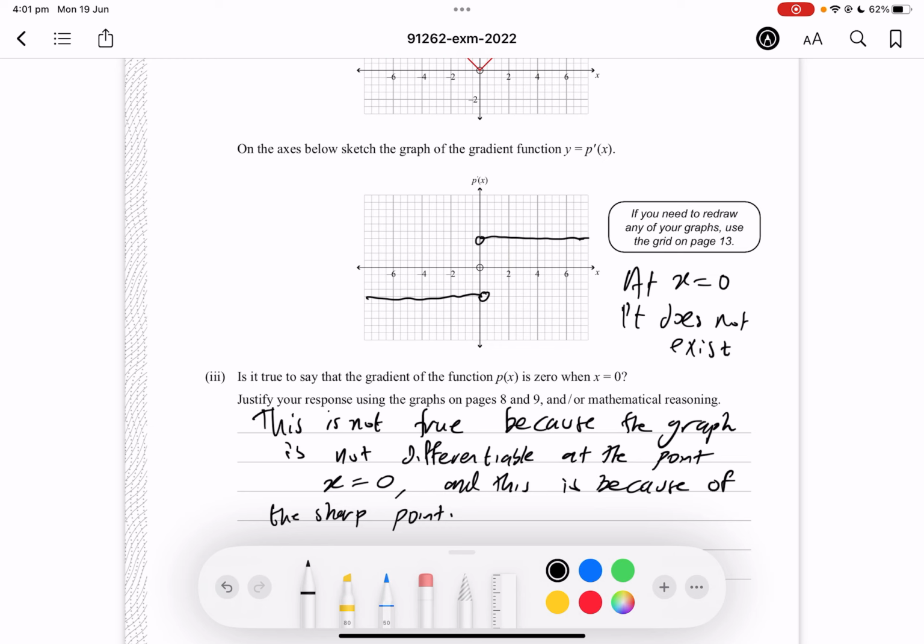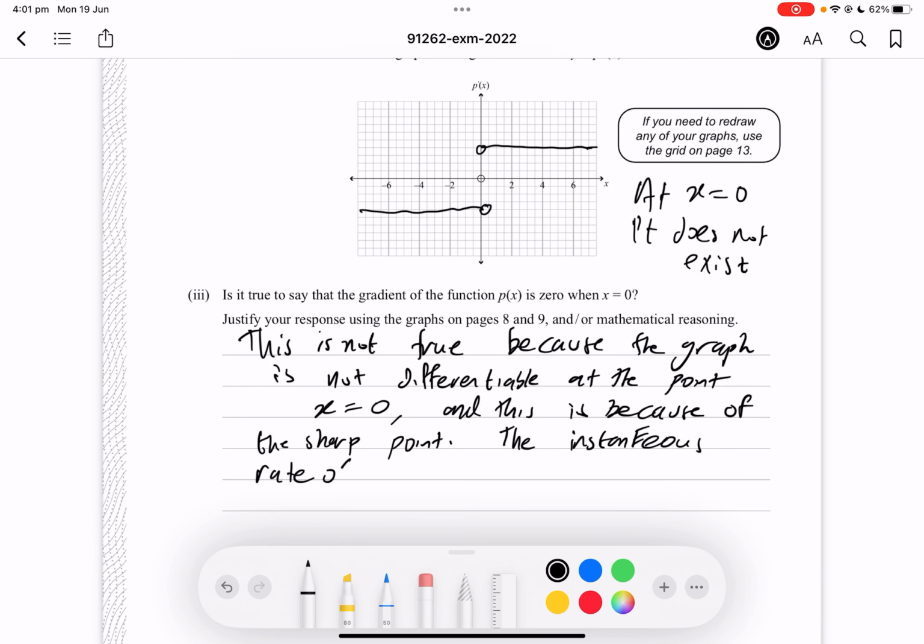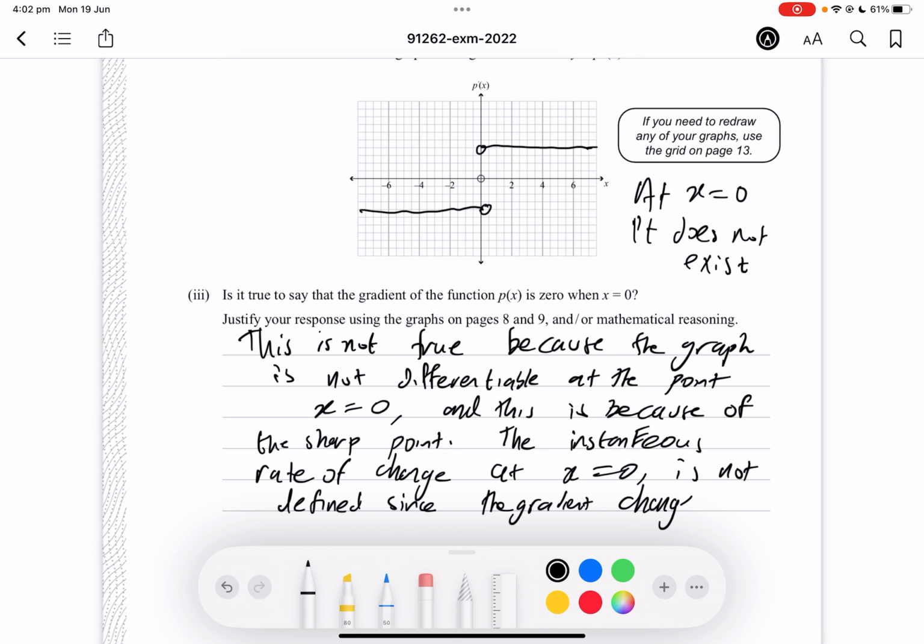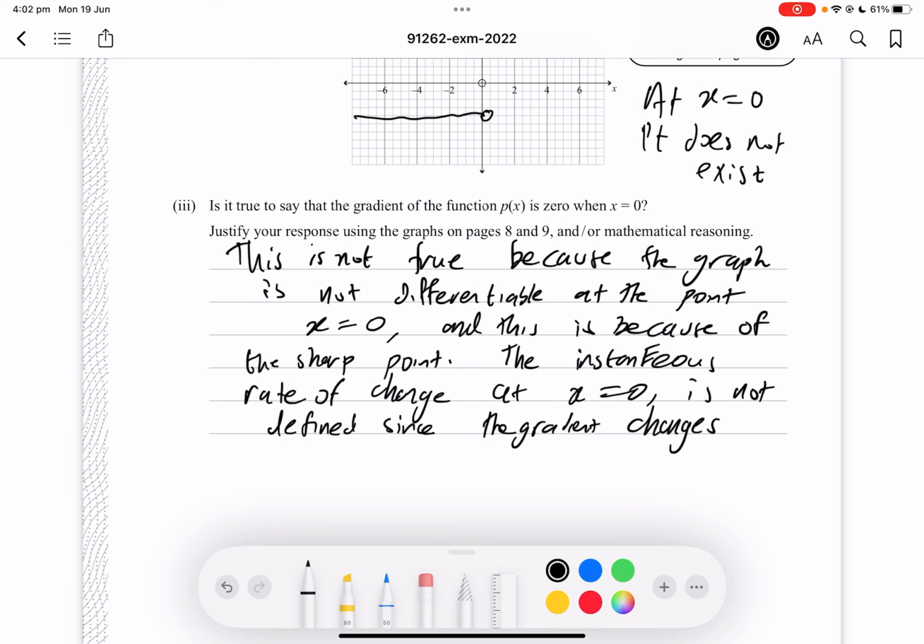So the instantaneous rate of change at x equals 0 is not defined, being a bit more precise, since the gradient changes from, well, it doesn't really need to change from negative to positive.